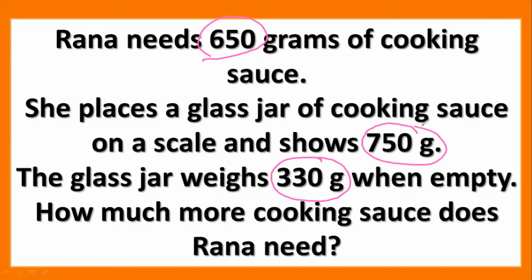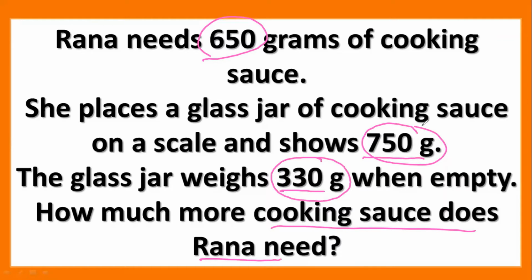So we have to find how much more cooking sauce Rana needs. She has taken a glass jar of cooking sauce of about 750 grams, and 330 of which is the weight of the jar. Okay.